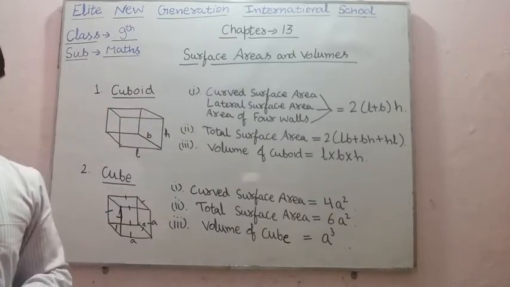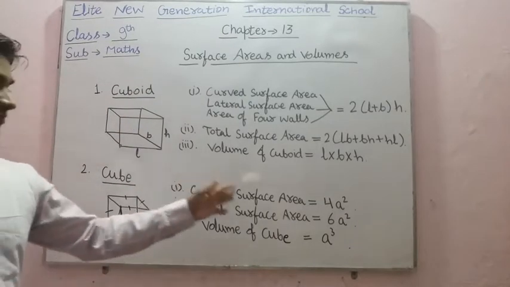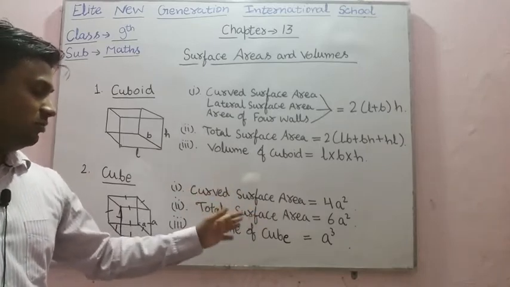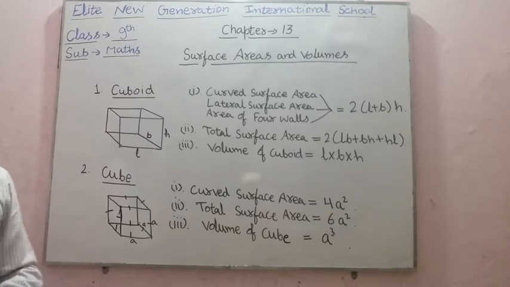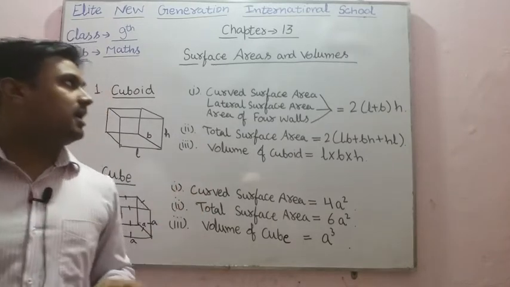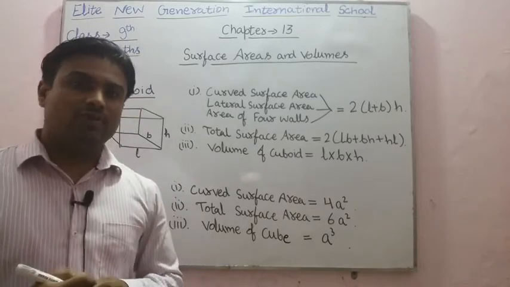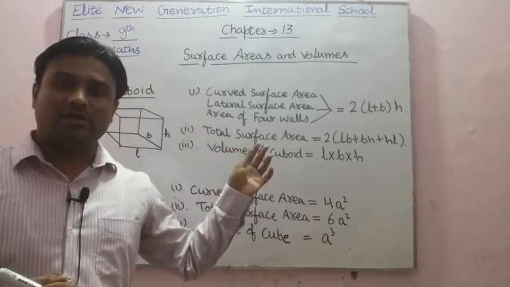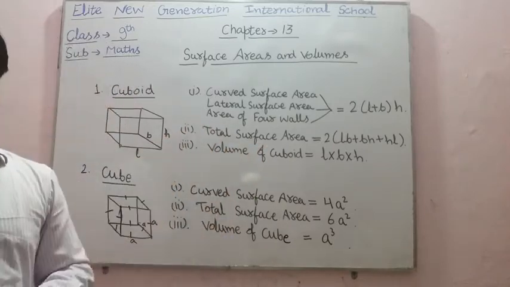By using these formulas we can find the curved surface area, total surface area and volume of a cube. On the basis of these formulas we can do exercise 13.1, in which we have to find the surface area, lateral surface area and curved surface area of a cube and cuboid.